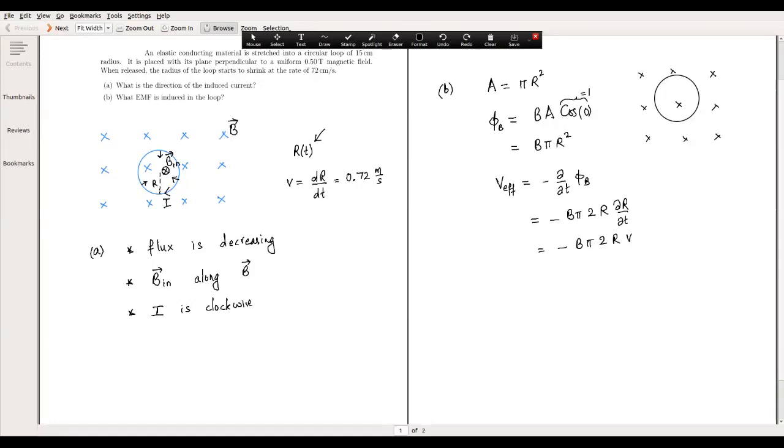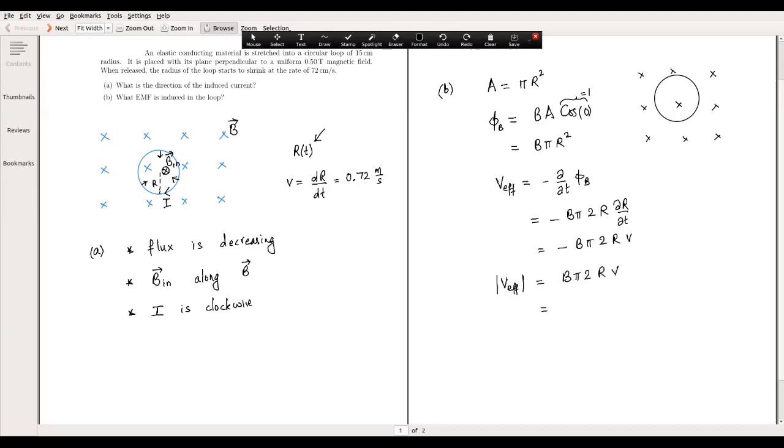We are interested in the effective voltage. The negative sign here means that the induced current is opposing the system. So as far as effective voltage is concerned, we can talk about the magnitude of that quantity. So that's B times pi times 2 r v.